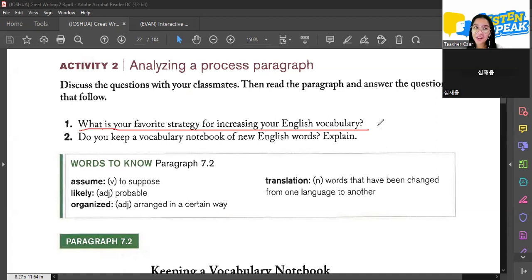Okay, so you read many books so that you will learn some new words. Okay. How about the next one? Do you keep a vocabulary notebook of new English words?